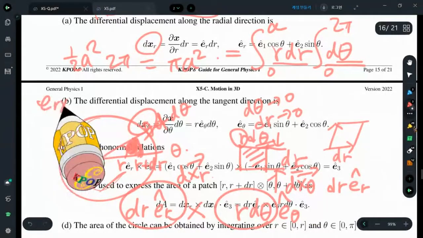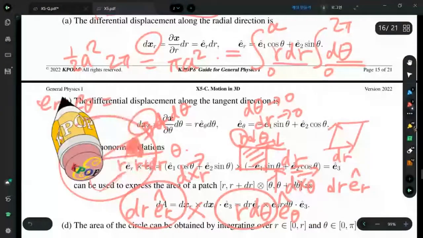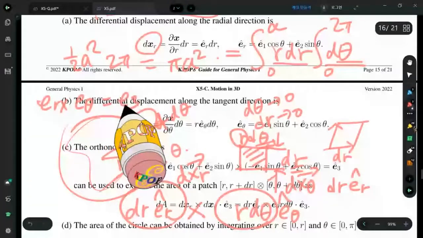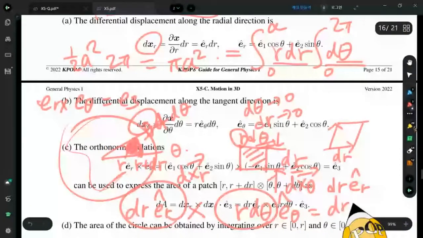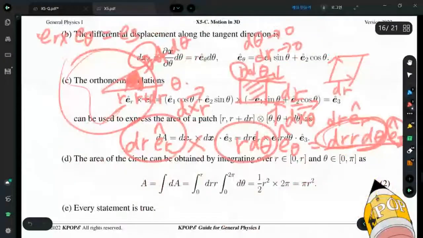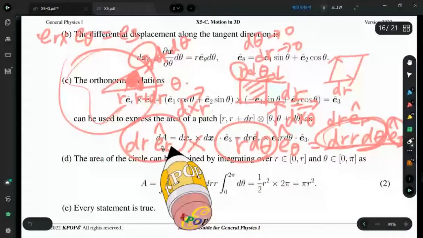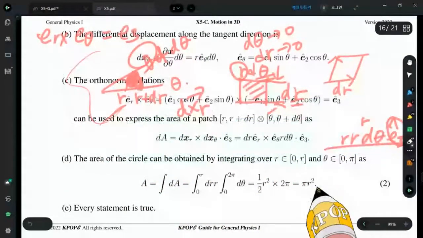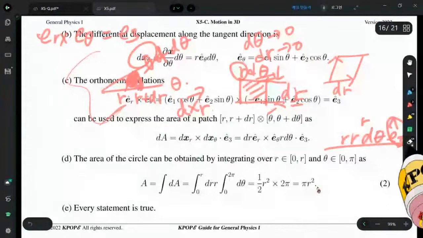And they are perpendicular. Cross product is e3. So dr r d theta e3 hat. This is the area element, and direction is always perpendicular to the xy plane. This is proportional to the z-axis. That's the reason why we were able to compute this area of a circle.